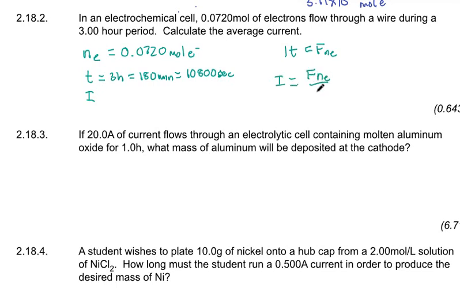Fne divided by T. So Faraday constant times the number of moles of electrons divided by time, that's going to be 96,500 times 0.072 divided by 10,800 seconds, and we get 0.64, lots of threes, amperes. 0.072 has 3 sig digs, that has 3 sig digs, the Faraday constant has 3 sig digs, so our answer can have 3. We can cut this down to 0.643 amps. Good. Not too bad, right?